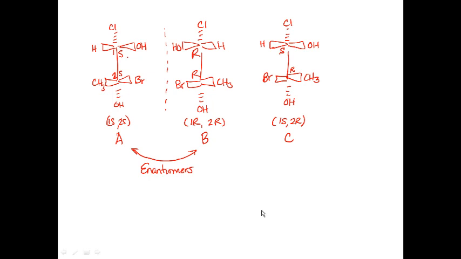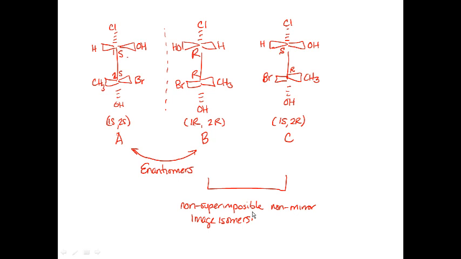So the relationship between B and C is that they are non-superimposable, non-mirror image isomers.